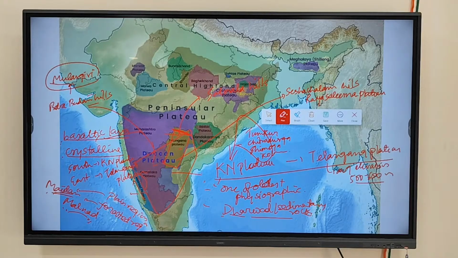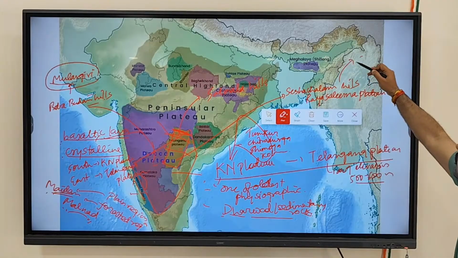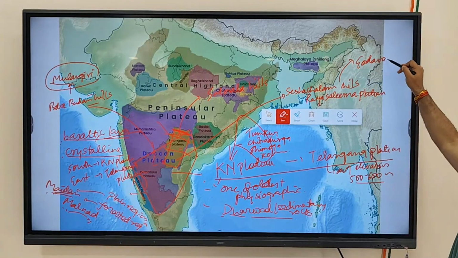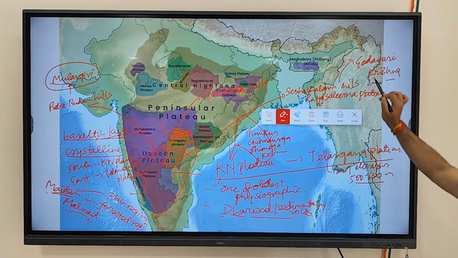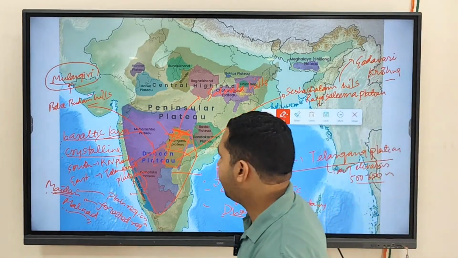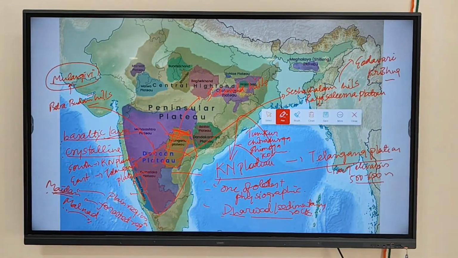Fine. Now the important rivers: Godavari is flowing, Krishna is flowing. Clear? Godavari and Krishna are flowing through the Telangana Plateau. Many other important rivers are there. Sharavati River, you can write Sharavati River.